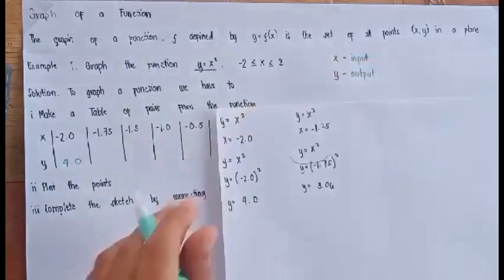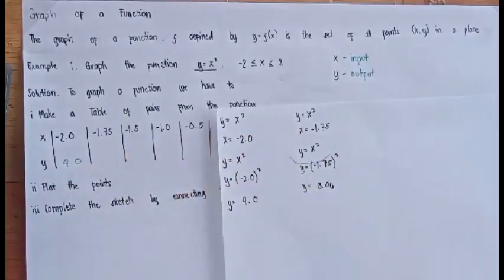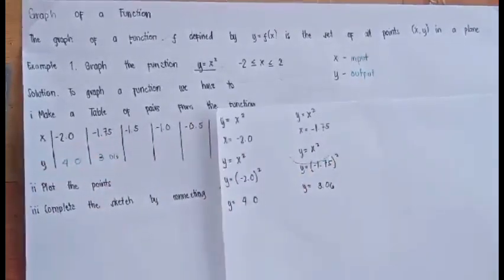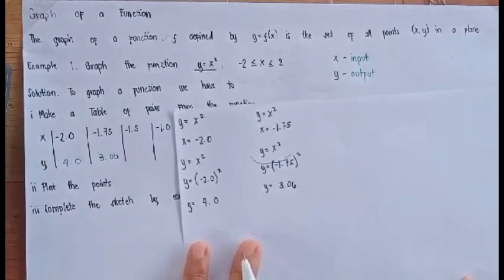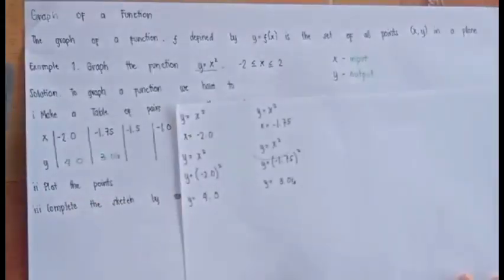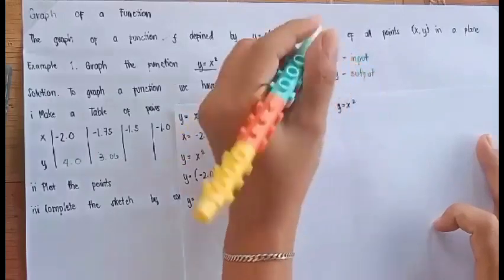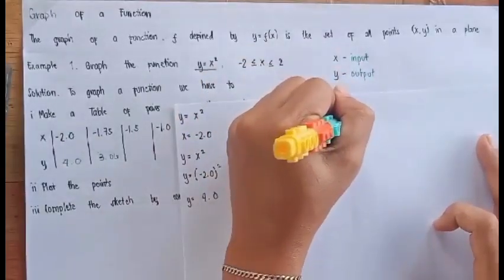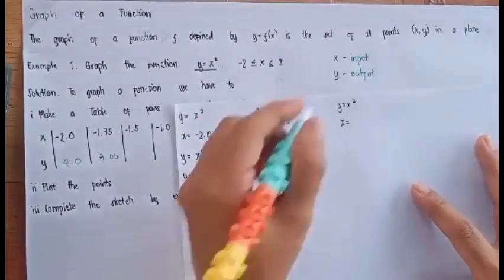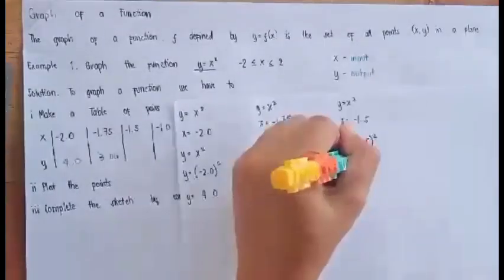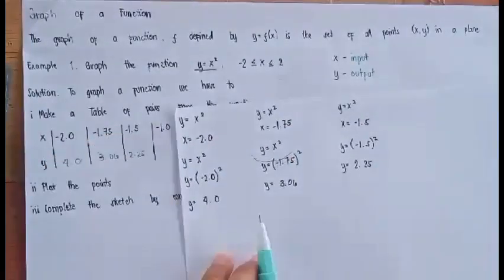So I'm gonna put the 3.06 on the y table. So if our x is negative 1.75, then our y is 3.06. Same procedure with the rest of the values of x. So in this part of my presentation, I will just make the video fast forward.